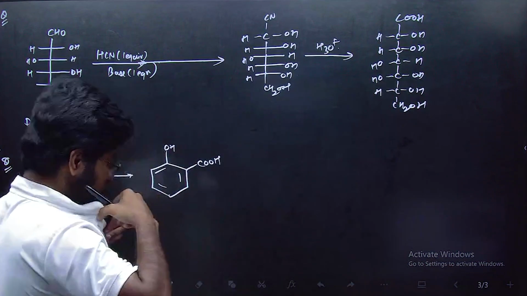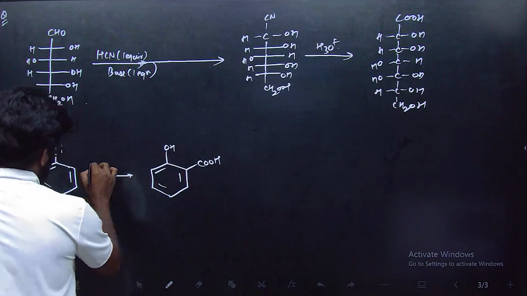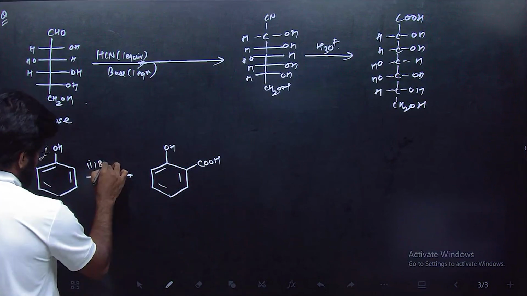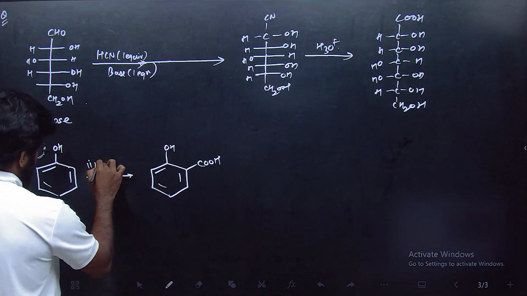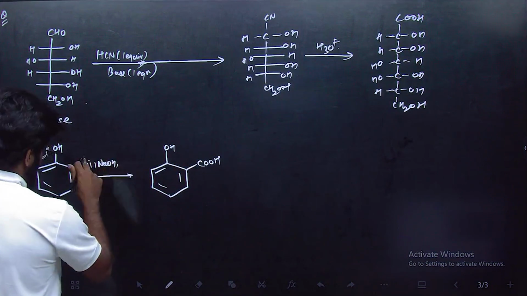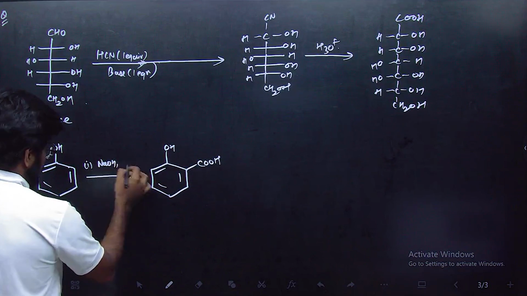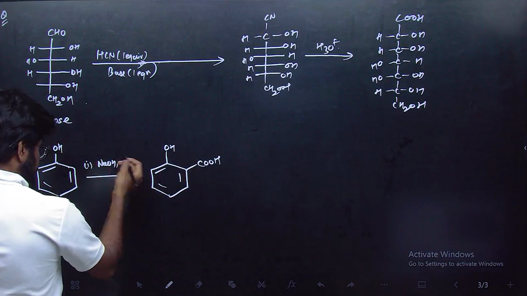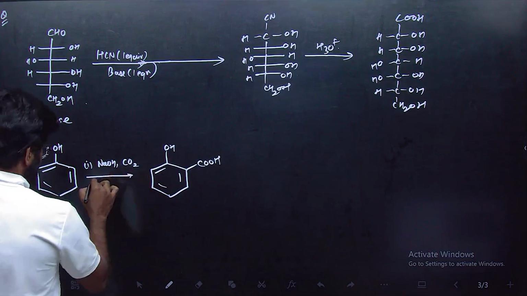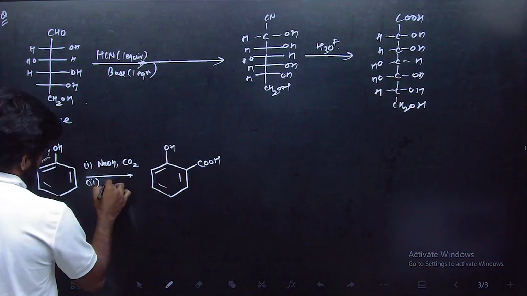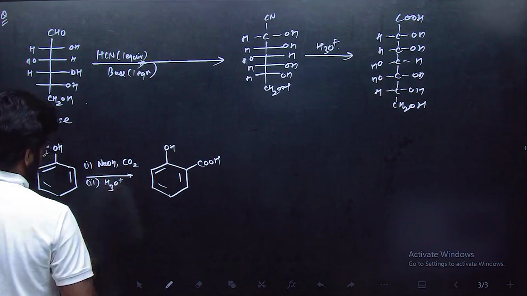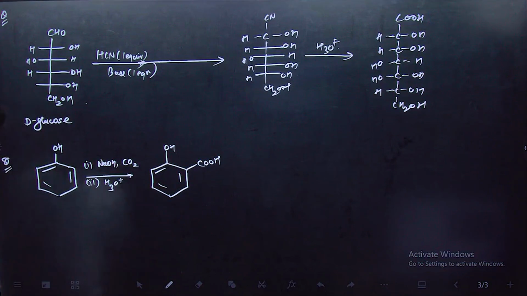What you are supposed to do is, you have to use first a base, that may be NaOH or KOH, and along with it you need CO2. Once you have done this, you get an ionic species, a salt. If you hydrolyze this, you will get acid, right?